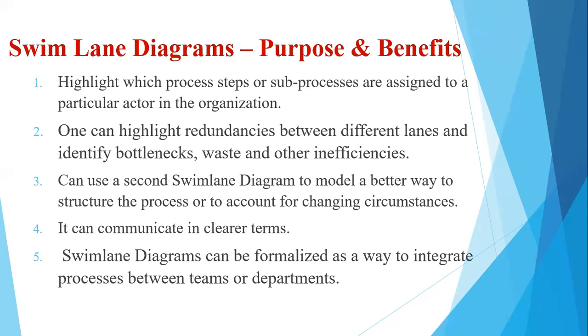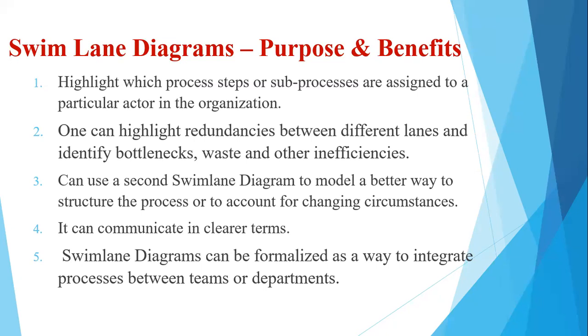Then purpose number two is, by spelling this out in the diagram, one can highlight the redundancies between different lanes and identify the bottlenecks, the waste, and other inefficiencies. Now, this sometimes reveals duplicative or unnecessary steps in the process, such as different departments performing the same task.